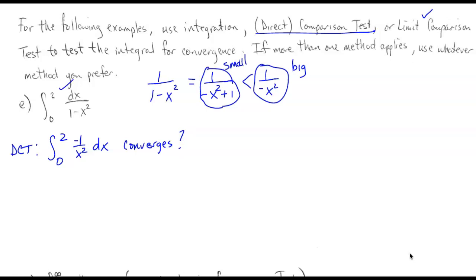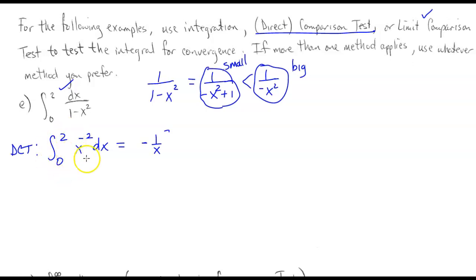To see if this converges or not, we basically need to take the antiderivative. To save some space, I'm just going to rewrite this as x raised to the negative 2. The antiderivative of this would be negative 1 over x, and we would evaluate that from 0 to 2.